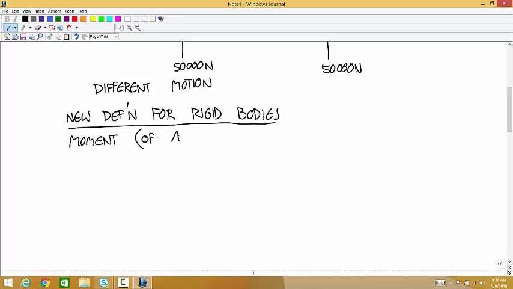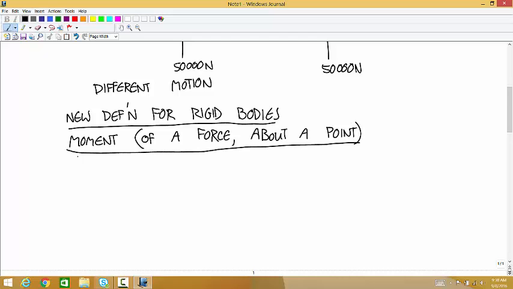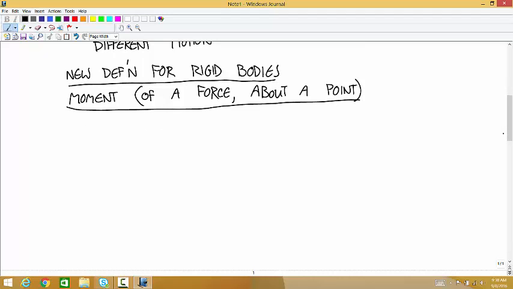So the moment of a force about a point. And you can't define a moment until you've specified what force is applying that moment, until you've specified the point that I'm going to call the about point.